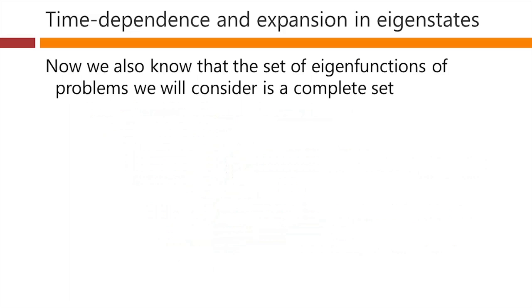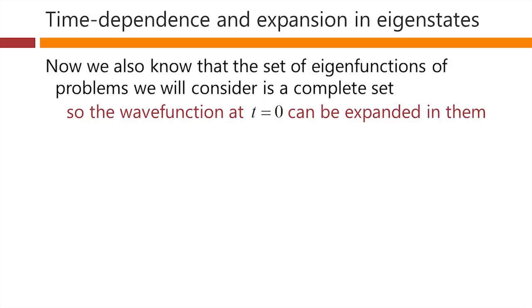Now, we also know that the set of eigenfunctions of the problems we will consider, these eigenfunctions of the time-independent Schrödinger equation, is a complete set. So the wave function at time t equals 0 can be expanded in them.